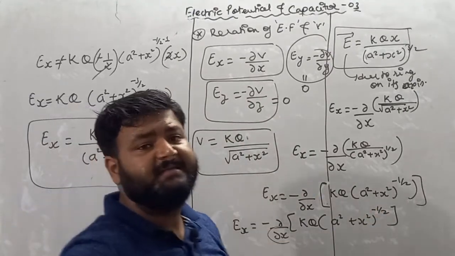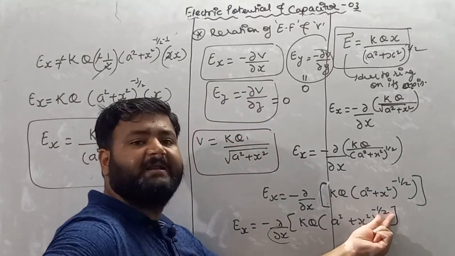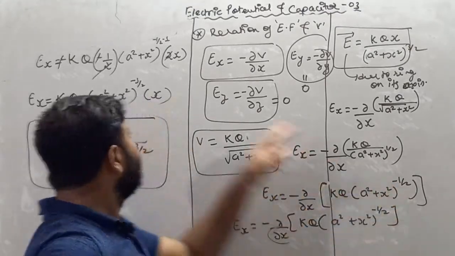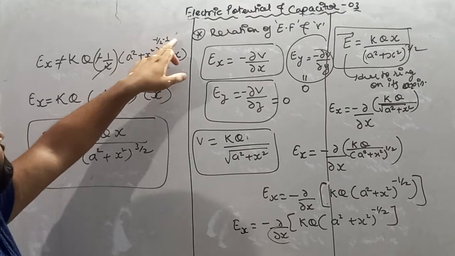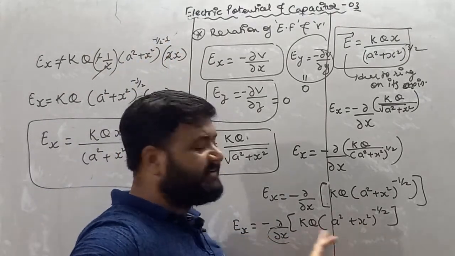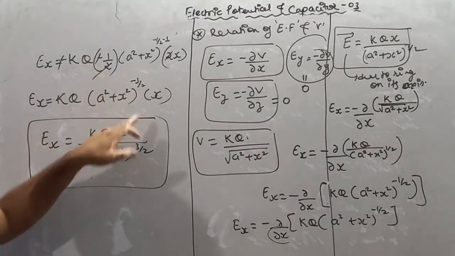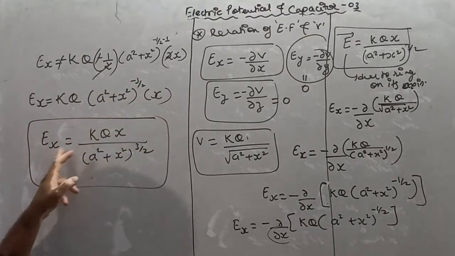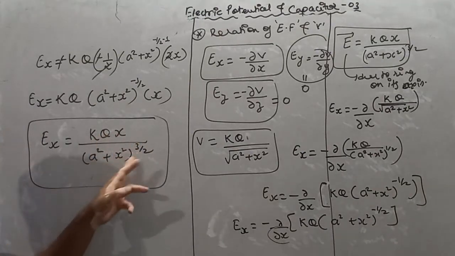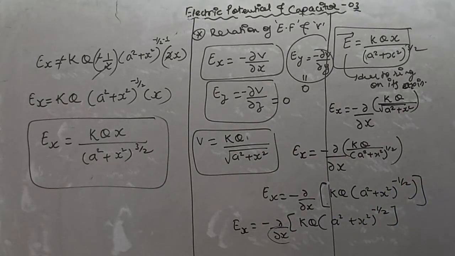I hope you all are in second year, so you must be aware of the chain rule. So a square plus x square raised to the power half comes outside, and we subtract 1 from half, so half minus 1, and we differentiate x square again, so it will be 2x. So kq times a square plus x square raised to the power minus 3 by 2 and x. So the electric field due to a ring on its axis becomes kqx by a square plus x square raised to the power 3 by 2. I hope you all understand this concept, my dear student.